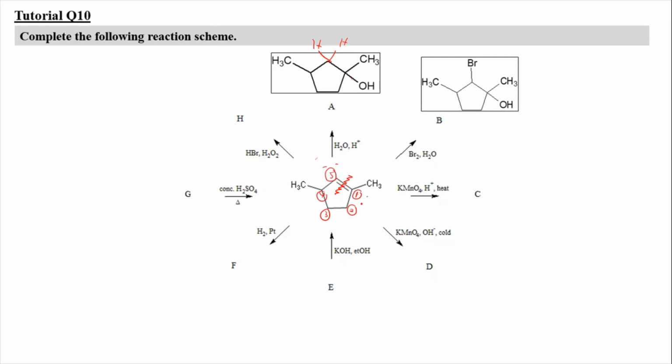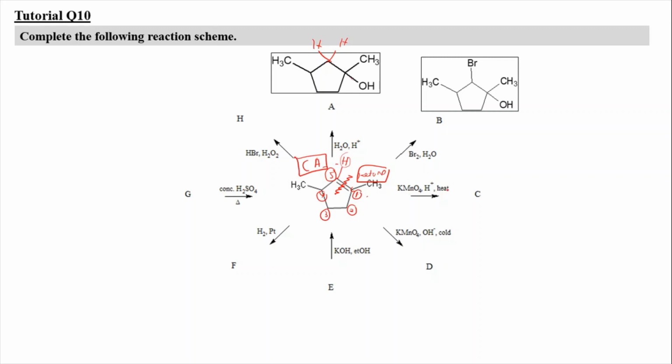For carbon number 1, we're going to produce a ketone, because the C here is attached to carbon with an alkyl group on both sides, and the carbon-carbon double bond is changed to oxygen. Number 1 is going to produce a ketone, and for number 5, one side is attached to carbon and the other bond is hydrogen. So here it is going to produce a carboxylic acid.